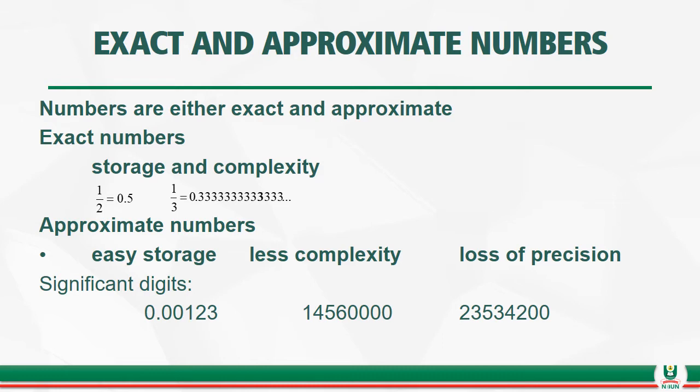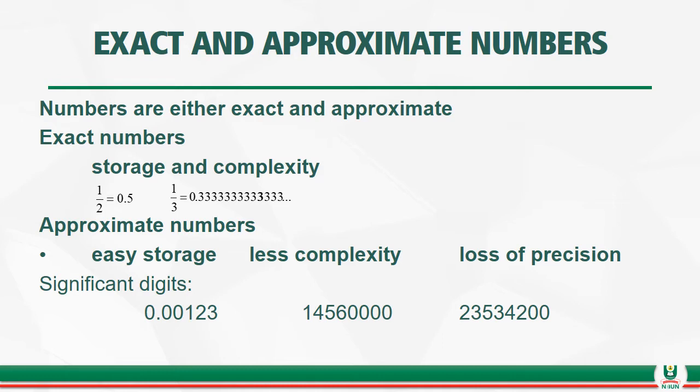So exact number is the numbers as they are, irrespective of how long they may seem, or irrespective of how repetitive they may look. But in all of our computation, or in most of our computation, we cannot work with numbers as they are. Of course, perfectly we can work with exact numbers that are not so long. What happens when we have very long numbers, like 1 over 3?